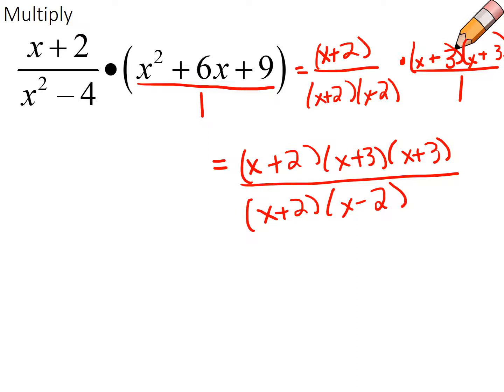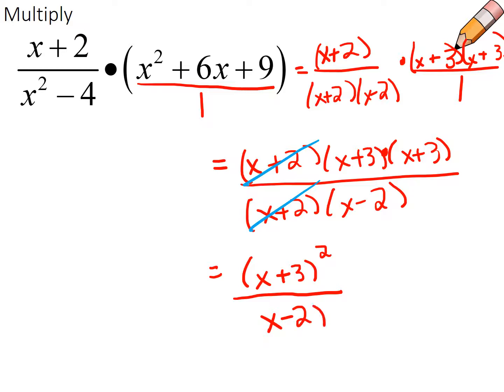Now let's see what can cancel, and it looks like all that I have in common is that x plus 2 factor. So I'm left with x plus 3 times x plus 3 in the top all over x minus 2. Another technical detail in math, because we have x plus 3 times x plus 3, we can write that as x plus 3 squared because it's getting multiplied twice.